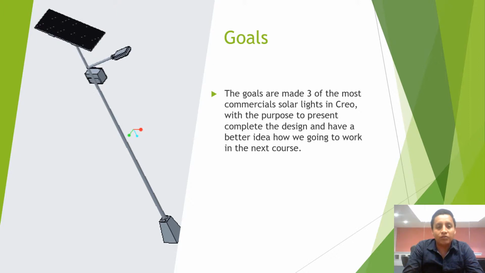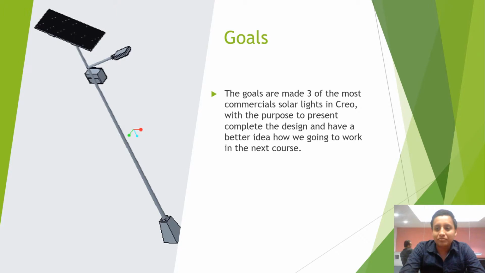Also, we have to design the 12 meters and 10 meters. Also, we have to make it in 3D with the closest proximity to the real ones, to keep reality in the plans of the luminaries in the mid-term report. We have only one of them, but for this one it's necessary to develop all of them.